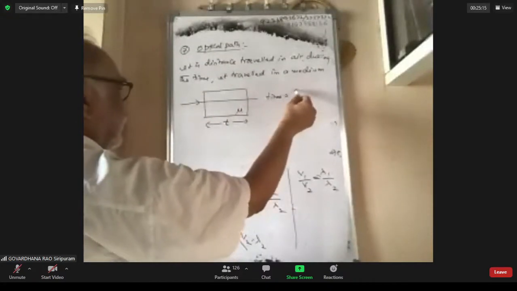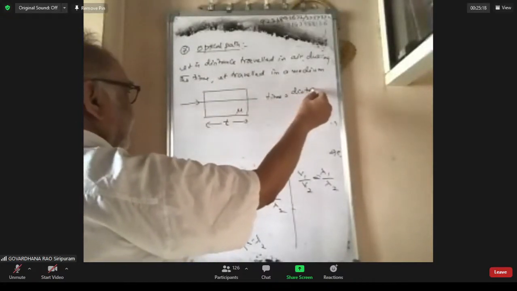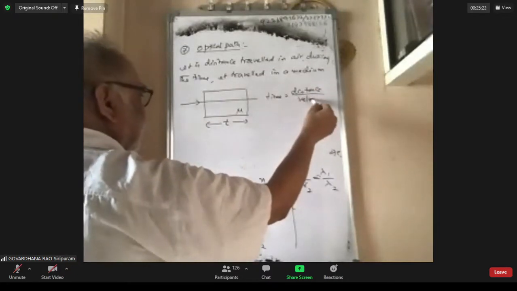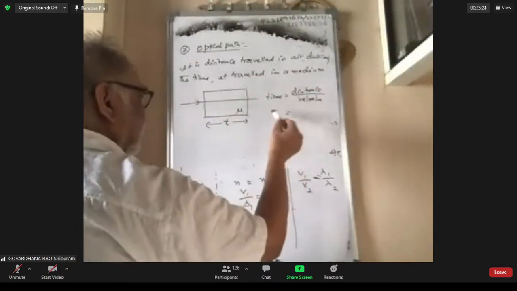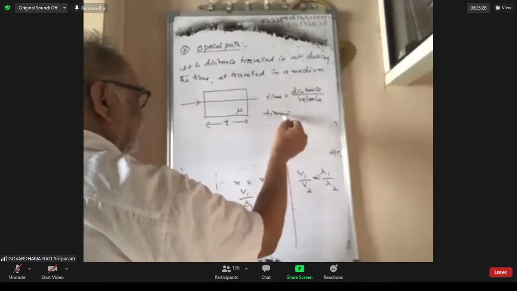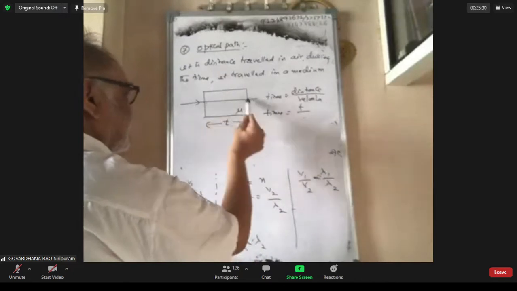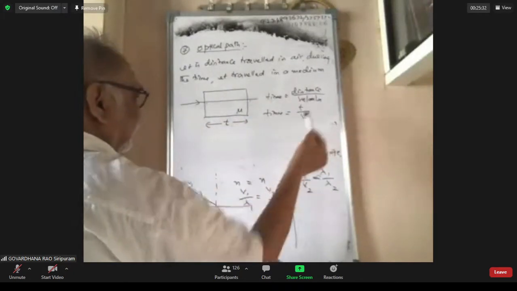Time equals distance by velocity. What is the distance? T. What is the velocity in the medium? Vm.